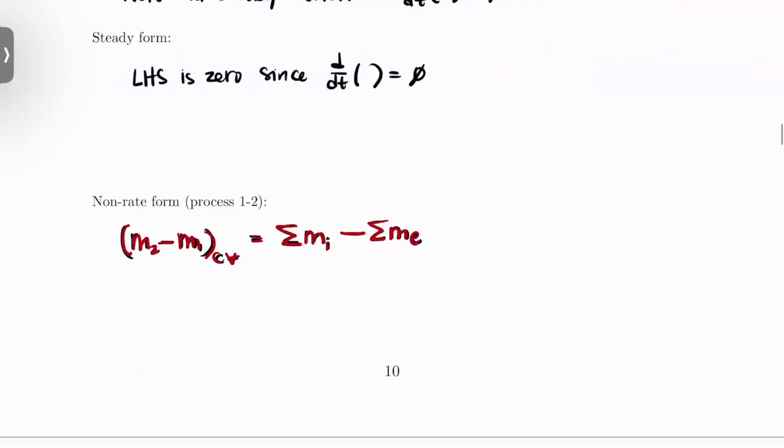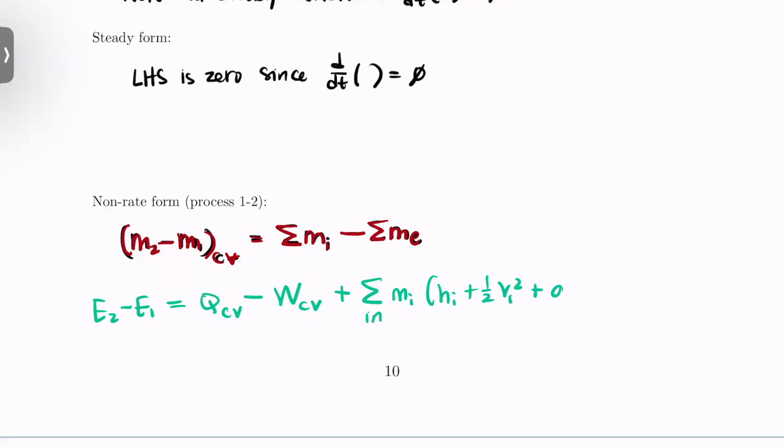And then conservation of energy is E2 minus E1 equals Q of the CV minus W of the CV plus the sum at the inlets of mass at the inlet times HI plus 1/2 VI squared plus GZI, minus all that same stuff, but at the exits.